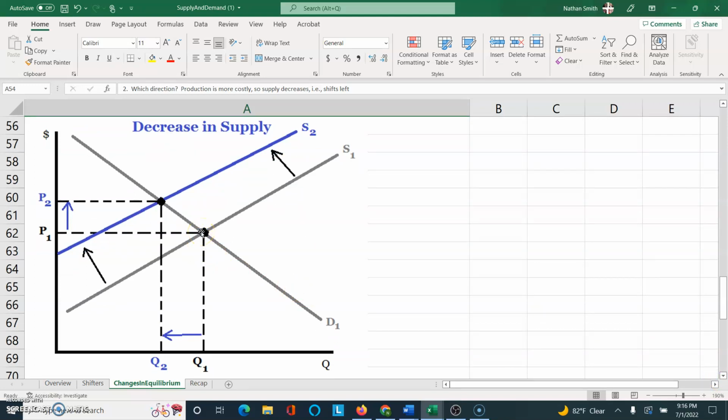Now we imagine supply decreasing. That's going to trigger a shortage at the price P1. And if I simply look at my new equilibrium, the price has increased just like a demand increase, but the quantity now has decreased because supply is decreasing. So prices have increased and quantity has decreased.